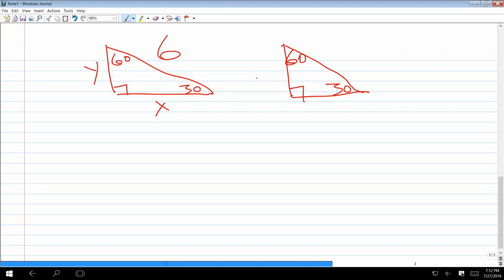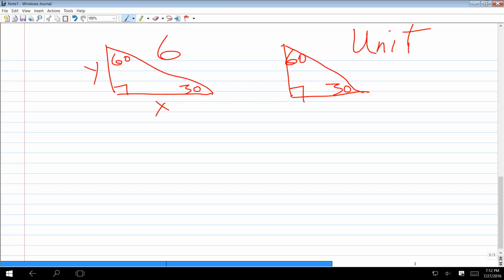You just have to remember this, Daniel. I hate to keep harping on it, but if there's ever anything that you want to memorize, it's this. What side is opposite the 30-degree angle? What's the dimension of that? Well, it's 30, 60, 90. Right, but I call it my unit triangle.